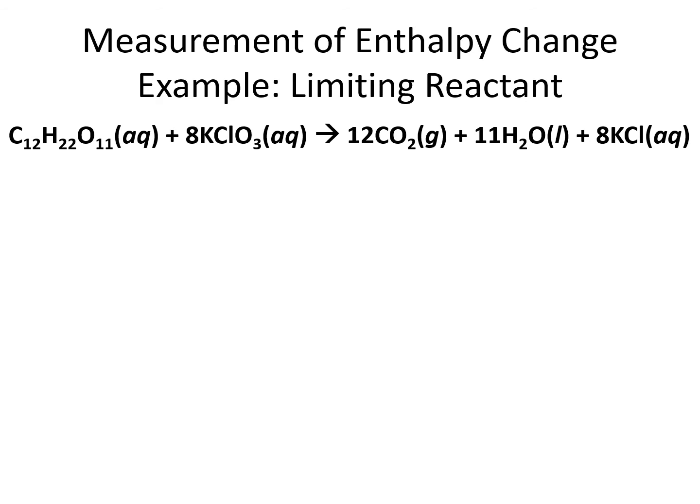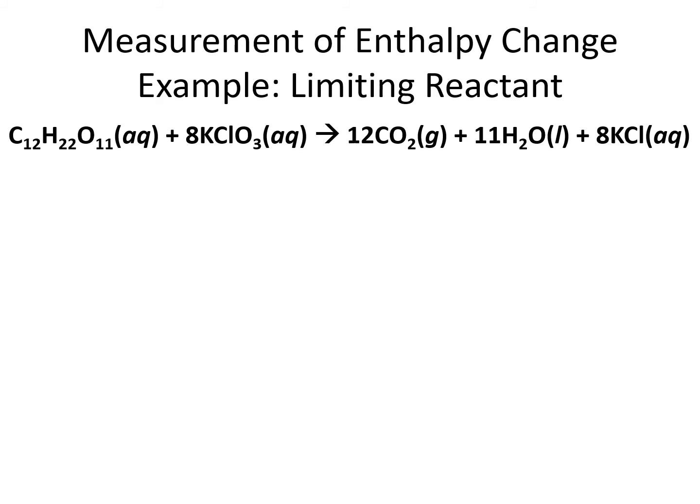Now we're going to do the same type of calculation, but with our other reactant, the potassium chlorate. So we're going to go from grams of potassium chlorate to moles, and then moles of potassium chlorate to moles of our product, the CO2. If we wanted to, we could have chosen moles of water or moles of KCl for our comparison.